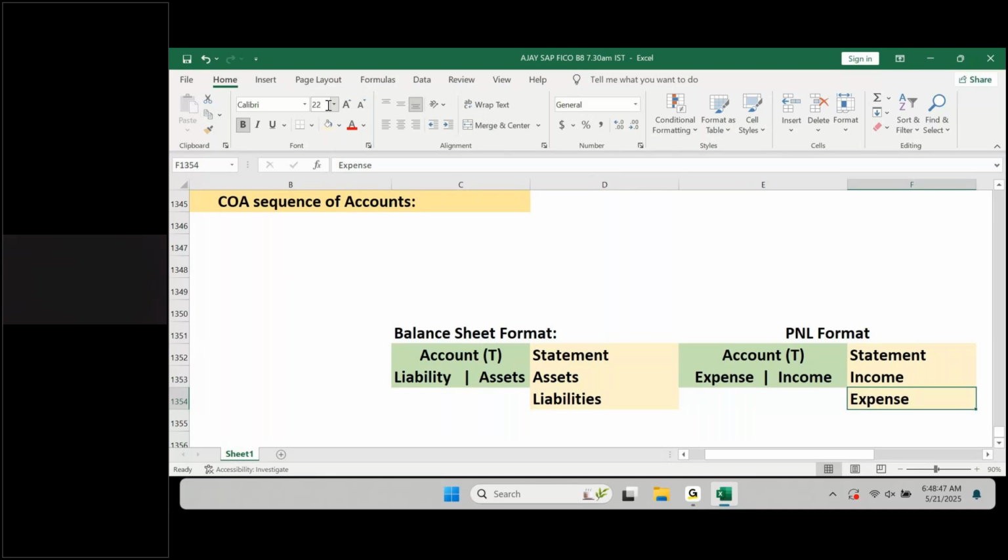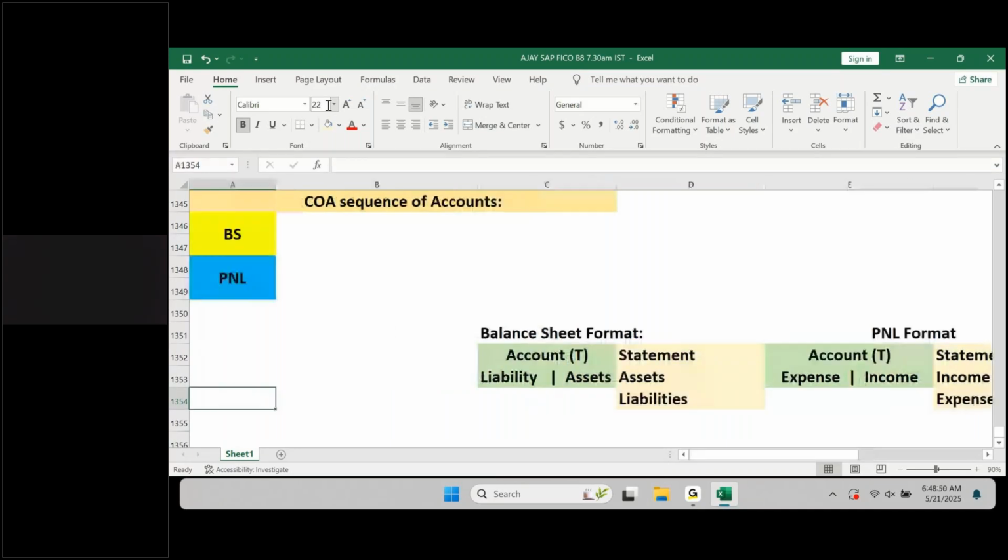Now, when you are defining your GL account from the chart of accounts point of view in SAP, do you always go based on the account or the statement format? You have to go based on the statement format.